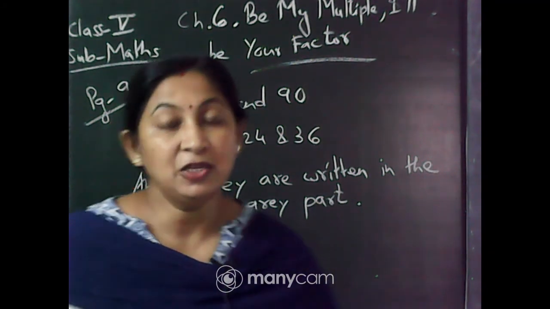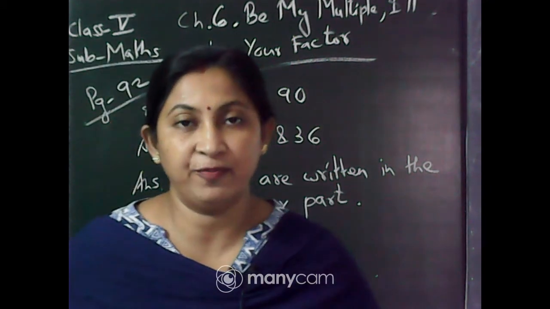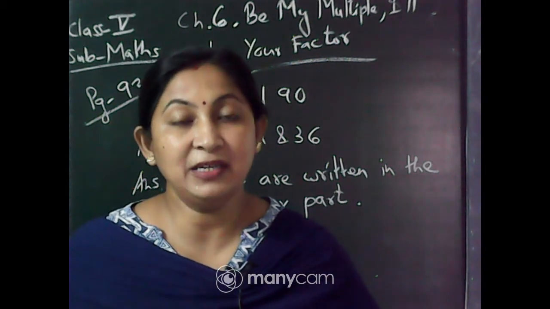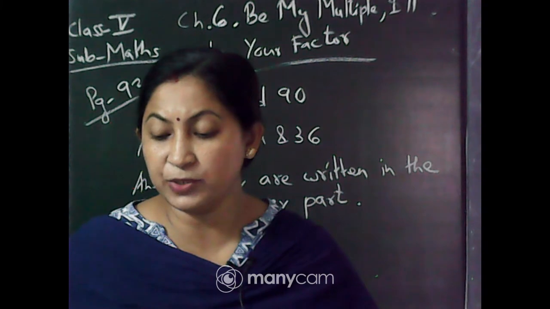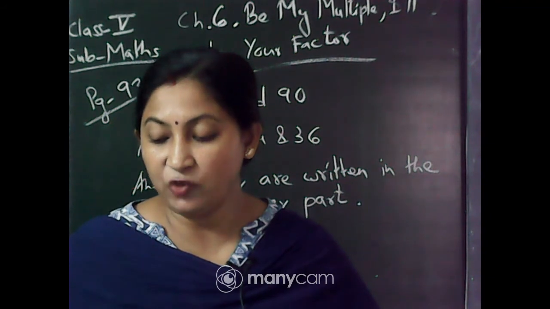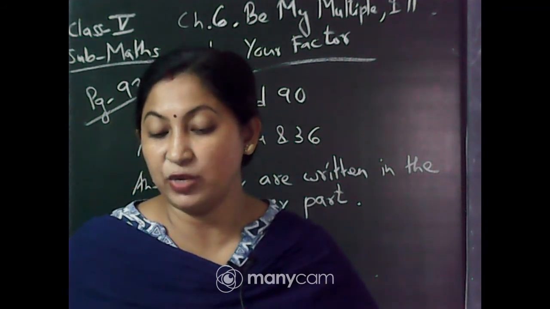She tried making groups of 6 and groups of 4. Each time one seed was left over. What is the smallest number of seeds that Sunita had?